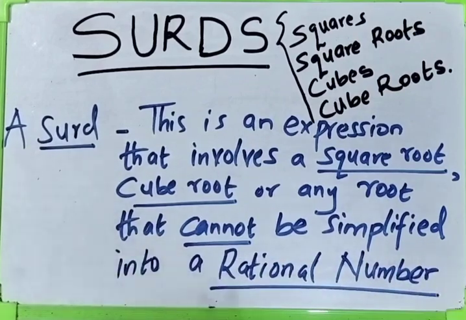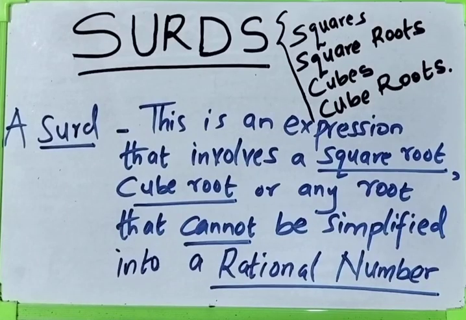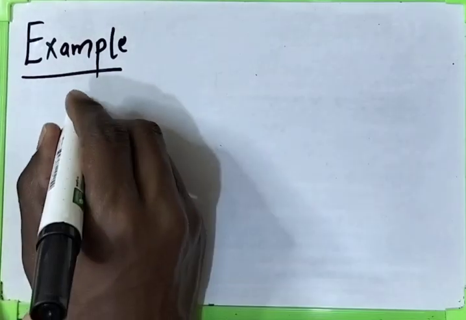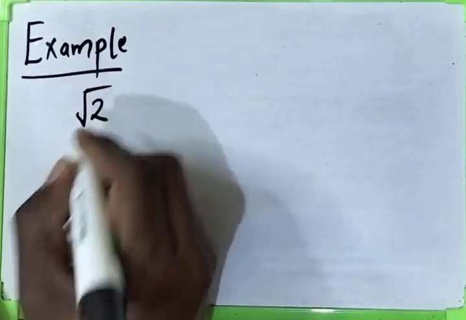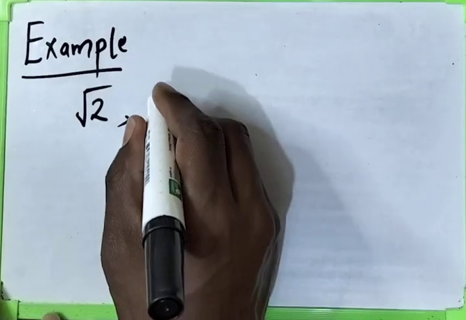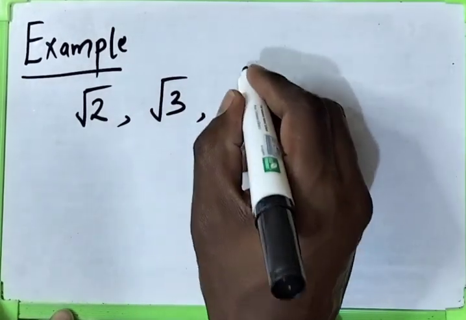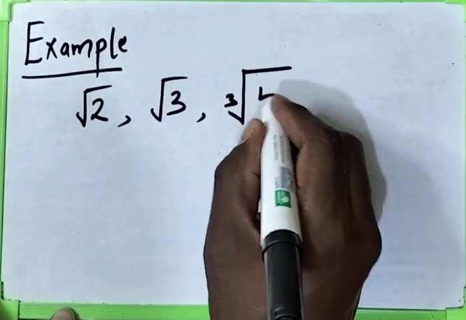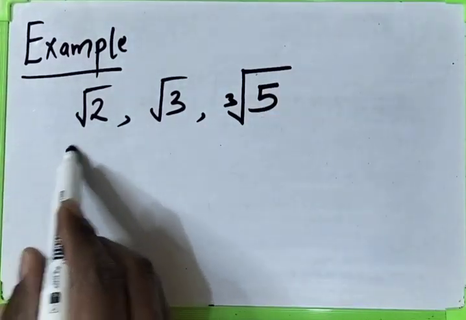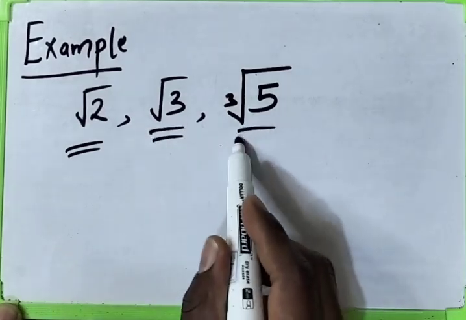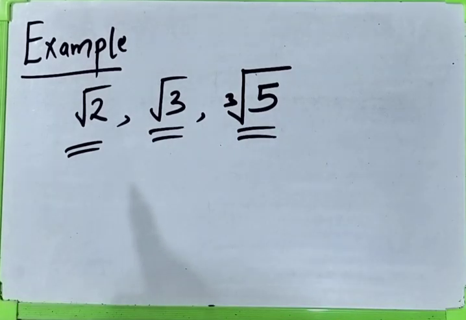I'll give you an example of roots of numbers that cannot be simplified into rational numbers. For example, root 2, root 3, and maybe the cube root of 5. These three cannot be simplified further, and if you do, you are not going to get a rational number.